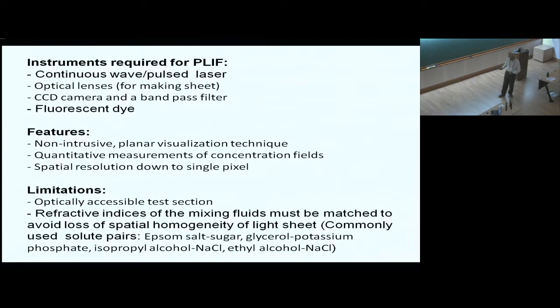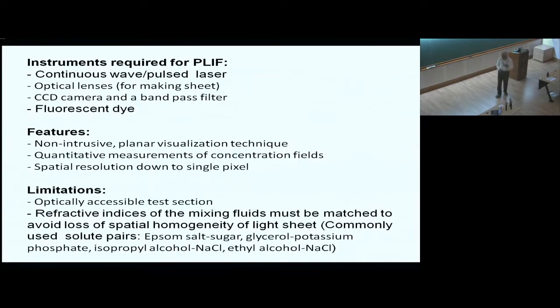One of the limitations is, of course, that it should be optically accessible. But more important for convective flows, you will have refractive index gradients. Because of refractive index gradients, the laser light will refract, so you won't get a uniform intensity of light.